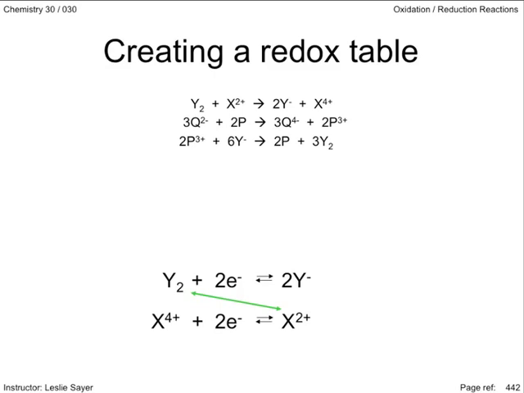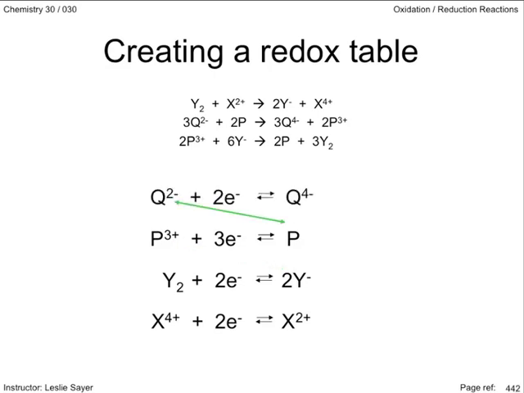This would put the P ion above the Y ion. And this orientation is consistent with the third equation. Finally, in the second equation, the P element reacts spontaneously with the Q2 negative ion. So this ion needs to be positioned above P. And this orientation is consistent with the second equation.